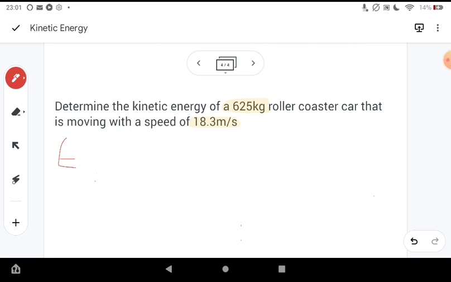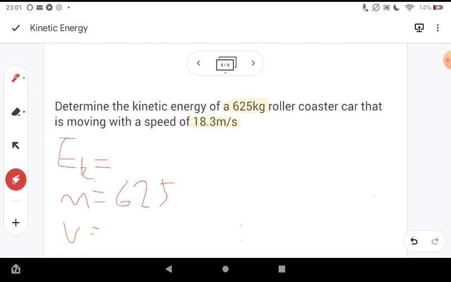Now, I know therefore that I'm looking for kinetic energy because it says so in the question. I've got mass and I've got velocity. Now, my mass is 625 and my speed is 18.3.